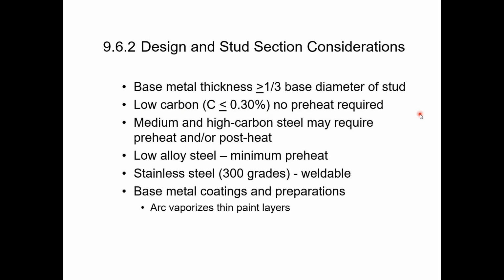The 300 series are weldable, but again, it's got that low thermal conductivity and high thermal expansion, so you've got to be careful with it, and there are different procedures that have to be followed. Anytime you've got base metal coatings and preparations, specifically like epoxy coating or galvanizing, you need to remove that. Otherwise, that arc is going to vaporize that stuff.